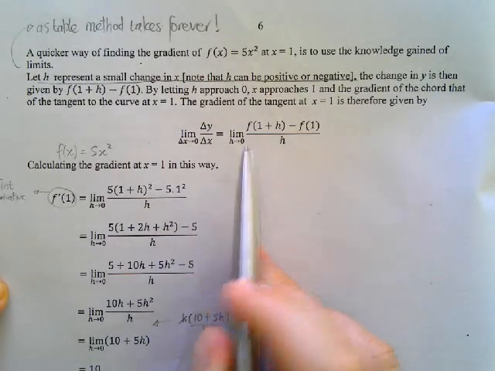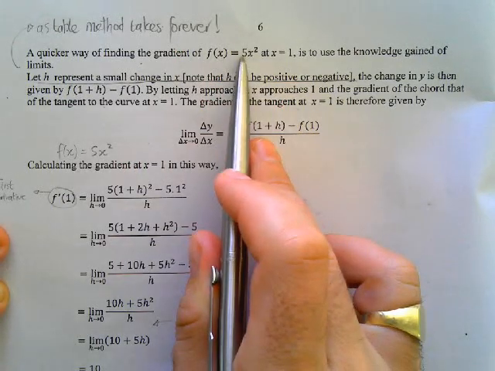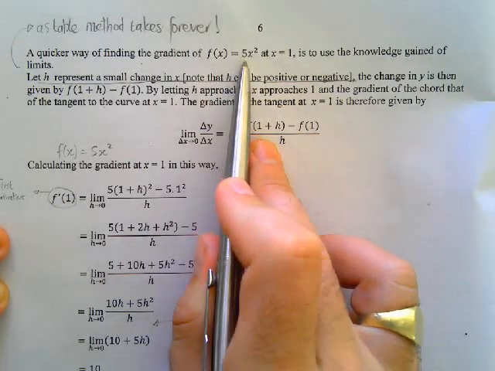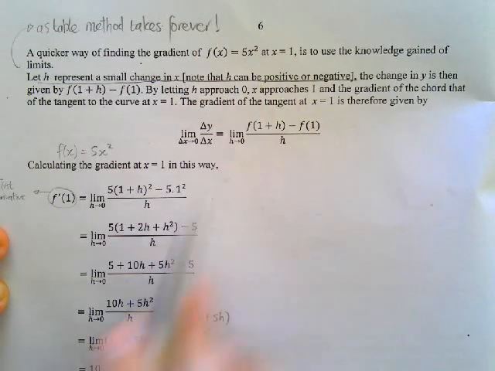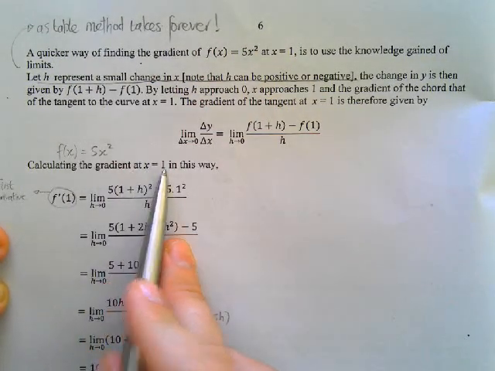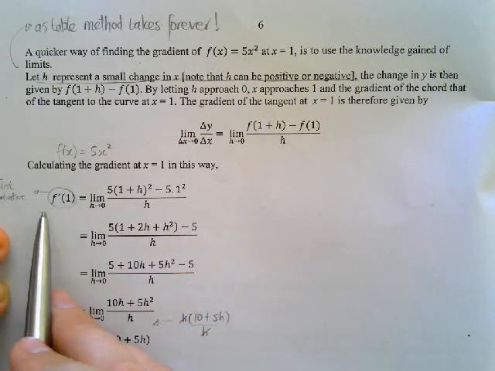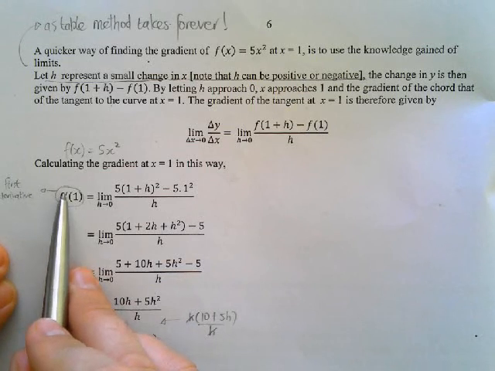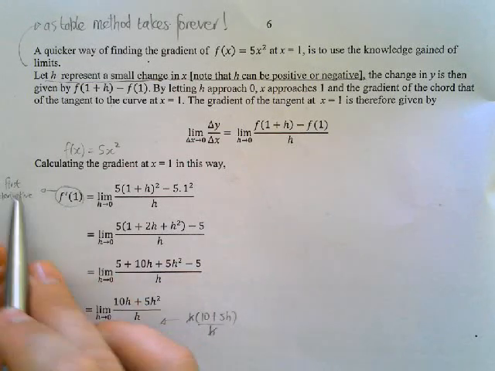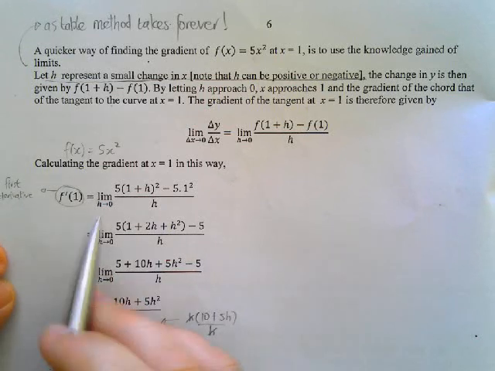So now, this is a generic formula. It has nothing to do with our actual function of 5x squared. Now, calculating the gradient at x equals 1 for this function. Here's our notation. This f dash or f prime is actually referring to the first derivative, but we'll get to that just now.